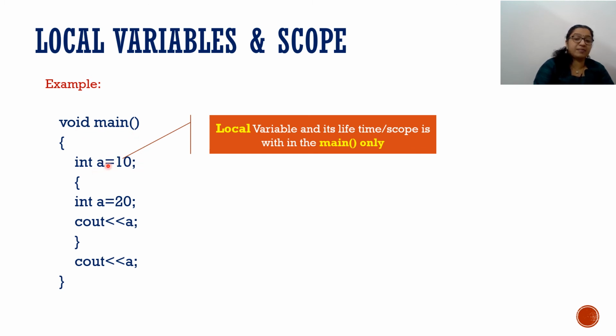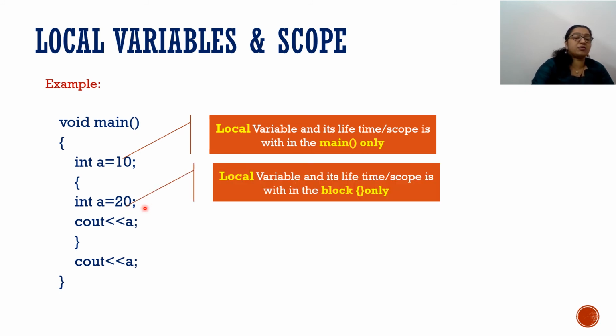So its lifetime or the scope is within the main. And int A is equal to 20 means this is also a local variable, but for the particular block. Its lifetime or the scope is within the block only. So there is no error.